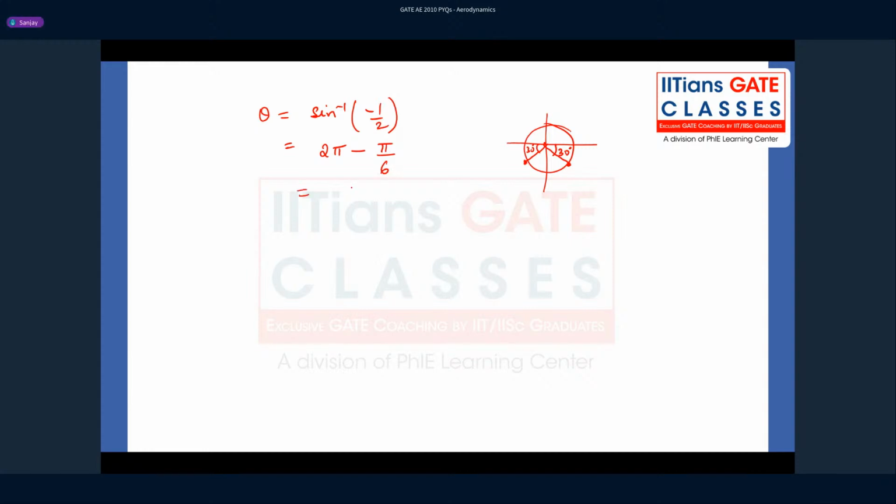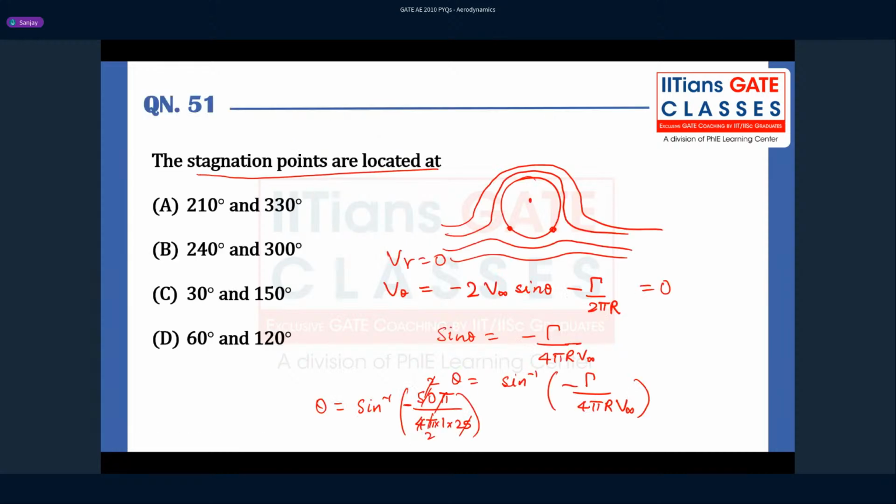So what do you get? You will get 210 degrees, or you will also get 330 degrees. So these are the two stagnation points and they are located in the third and the fourth quadrants. So you see option A is the correct answer.